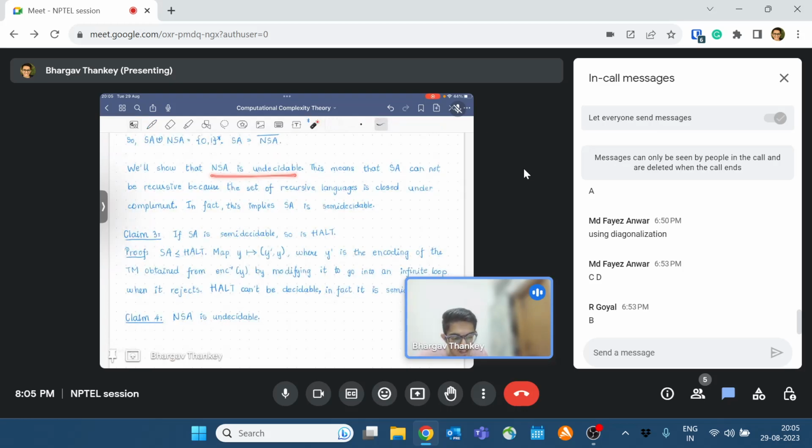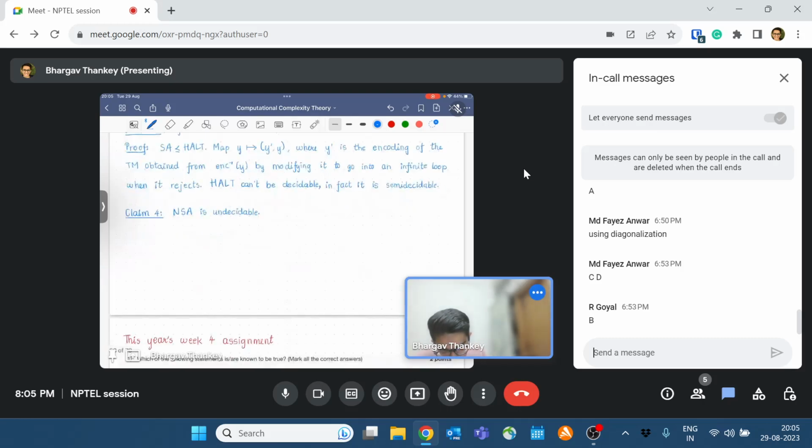This would imply that SA cannot be recursive. In fact, SA would be semi-decidable. And from this claim, this would imply that halt is semi-decidable. So if you prove this claim, we are done, right?